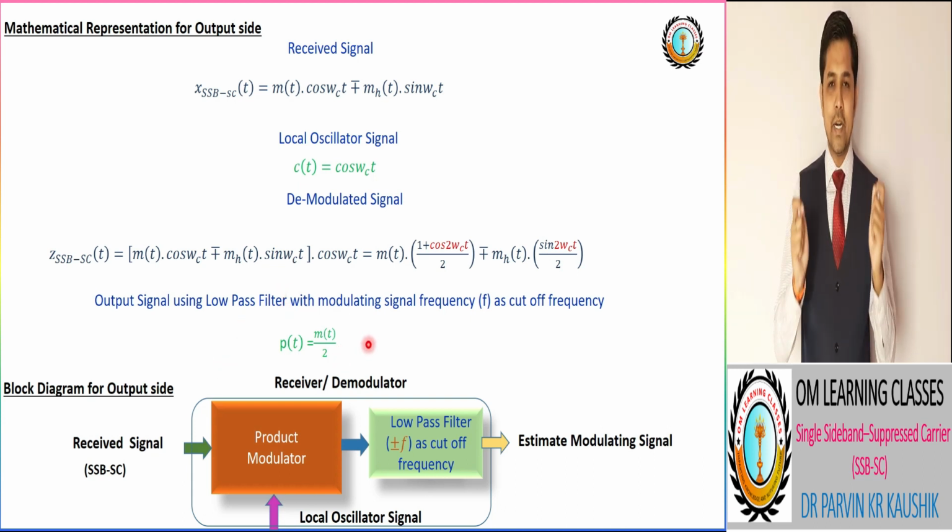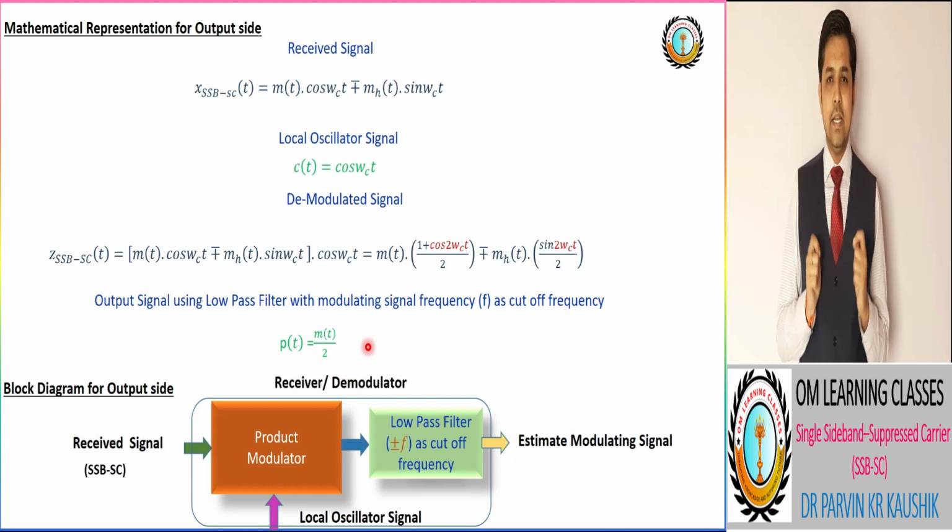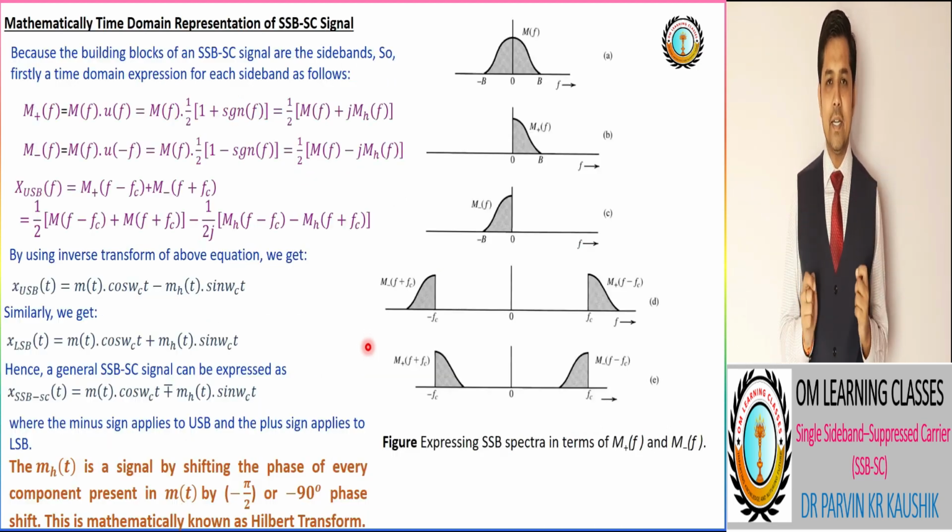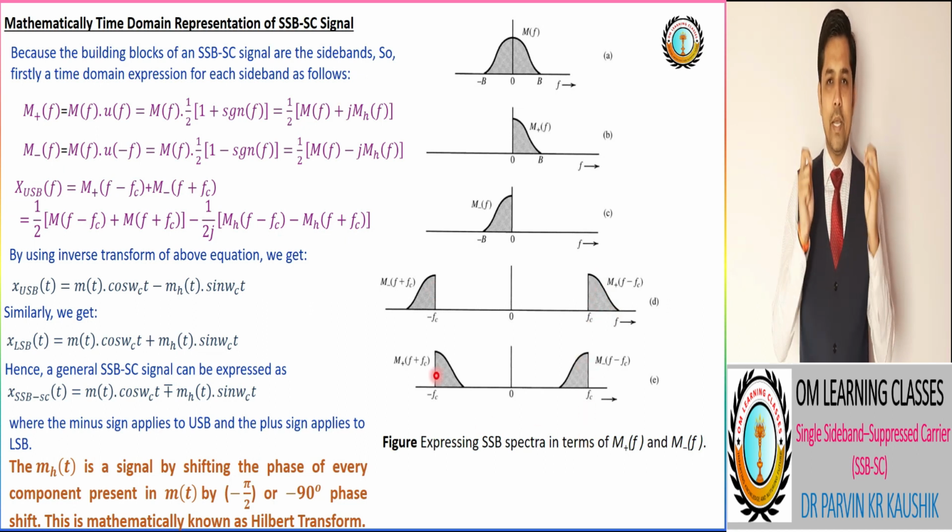So as a result we get our estimate of the message signal, which is equivalent to m(t)/2. Now if we summarize the outcome of SSB-SC signal, then first, the carrier frequency is suppressed in the spectrum. The second observation is that the baseband or message signal is present once in the modulated spectrum, corresponding to the upper sideband or to the lower sideband.